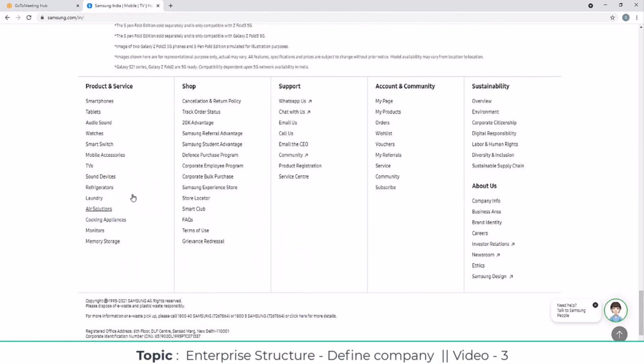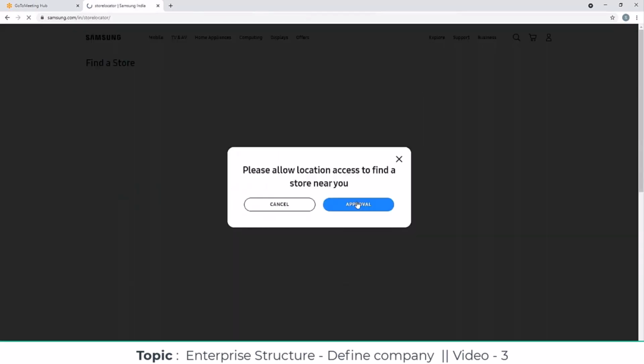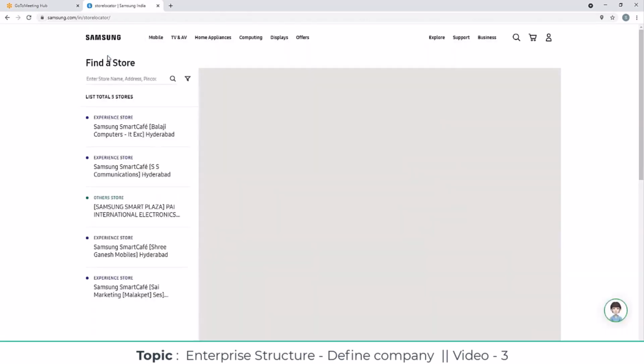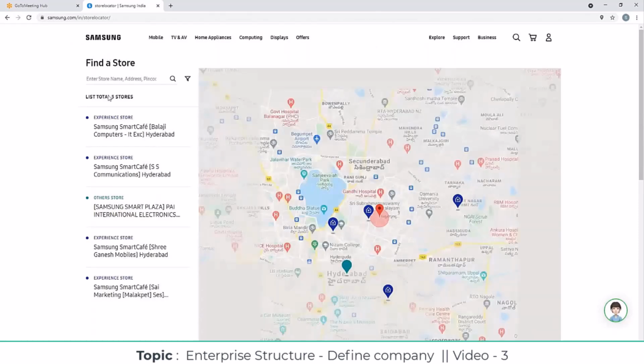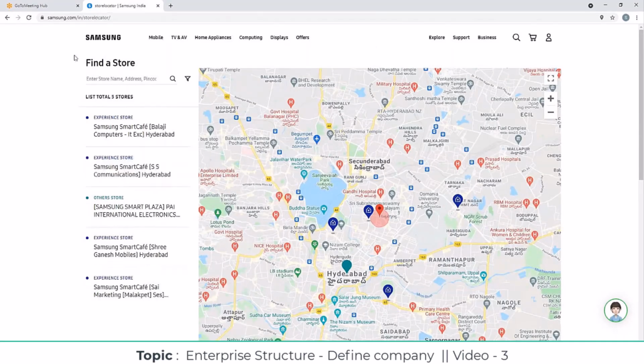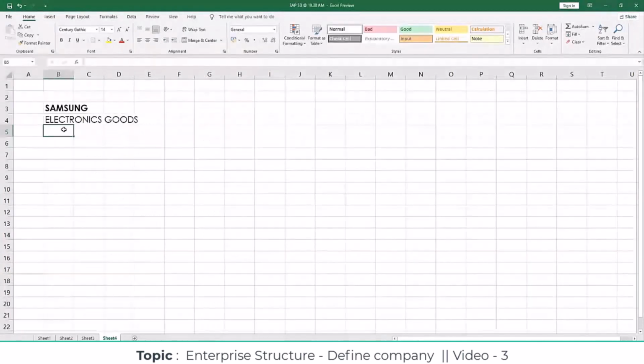Or if you click on the store locator, they're having multiple stores from where they are trying to sell the product. Each and every store, we are going to be mapping as a sales office. So for this Samsung, we are trying to do the implementation. That's the reason I'm taking up this one, so you can easily understand the business process.